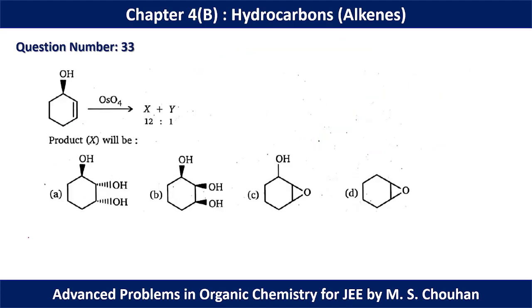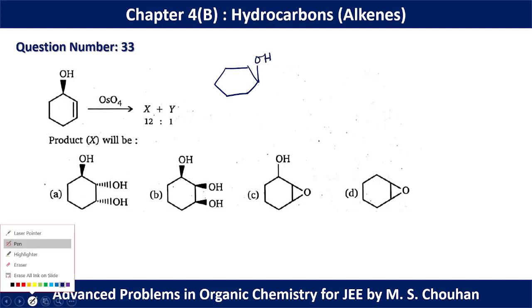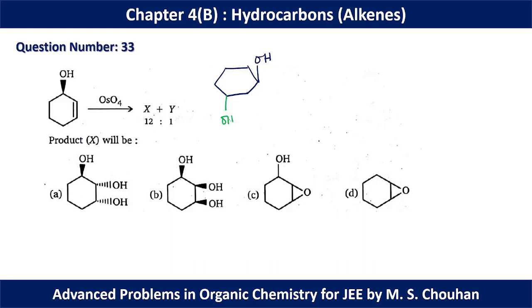In question number 33, again OsO4, that is syn hydroxylation. Already we have one OH group above the plane, so it is very difficult for the osmium tetroxide to add two OH groups from the above side, so it will choose the below side for the major product.